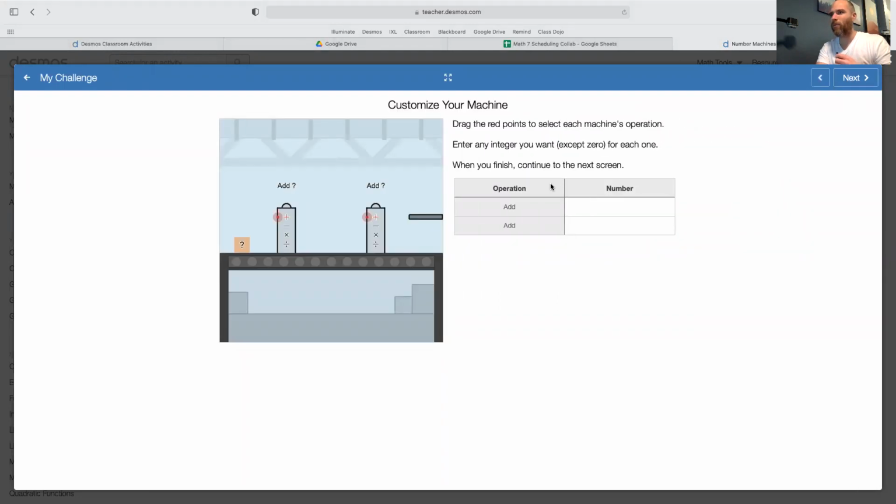And so what you do is you drag the dot to be what operation you want your machine to do. So I'm going to have my machine multiply and then subtract. And in the first stage, it's going to multiply my number by 6, and then it's going to subtract 4.